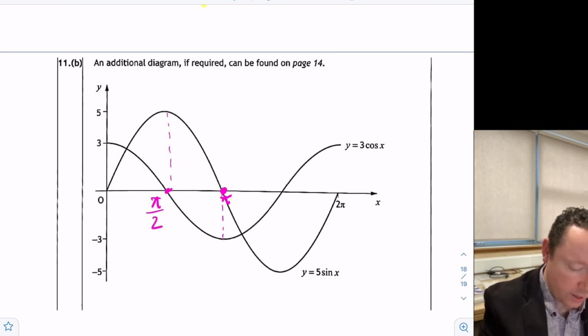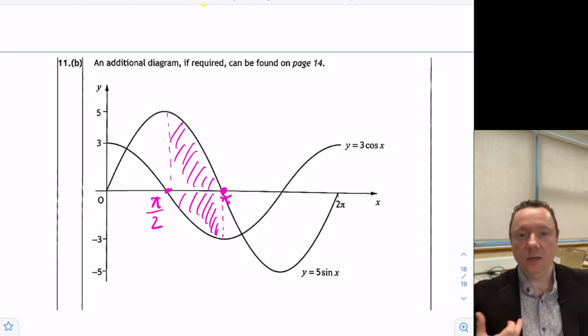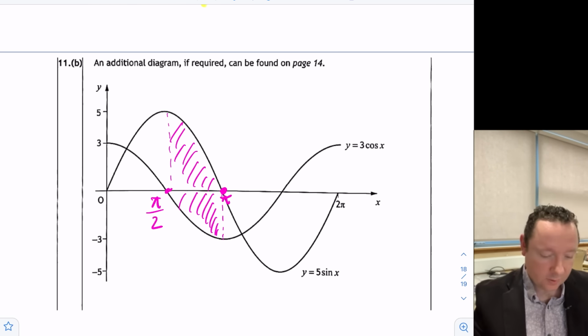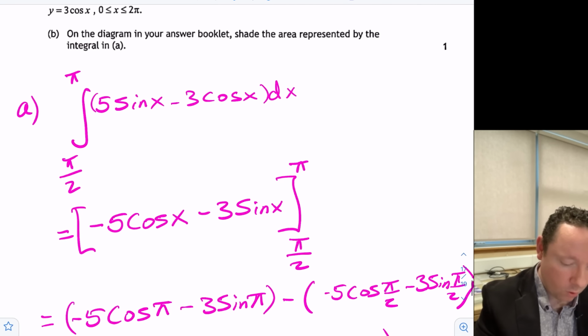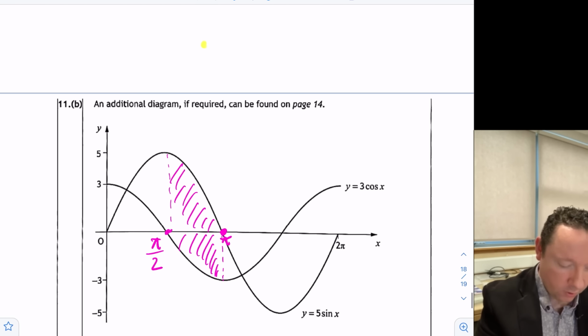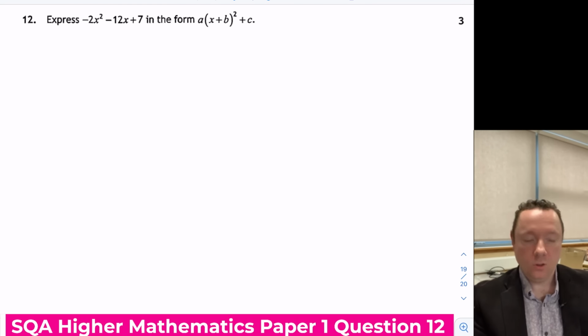So we can just draw some vertical lines and shade in this bit. It's the integral between them, so it's the area between the curves at that point. It's just asking if you understand that that's what it means. Just check your areas. You've got 5 sin x on the top, minus 3 cos x, which is exactly what we were integrating. So it's the integral between these two curves, between these 2 points. So we're done there. SQA Higher Maths 2023, paper 1, question 12.